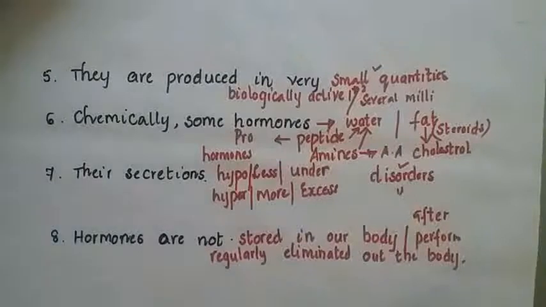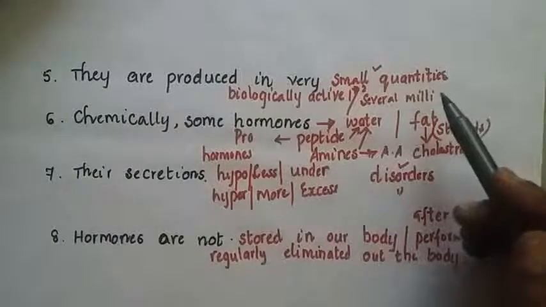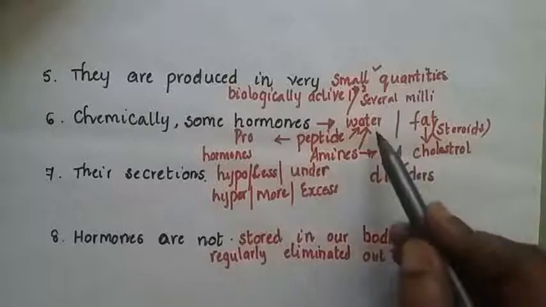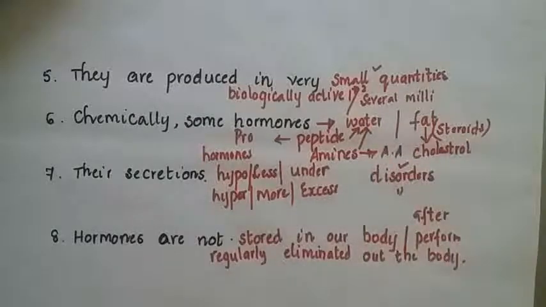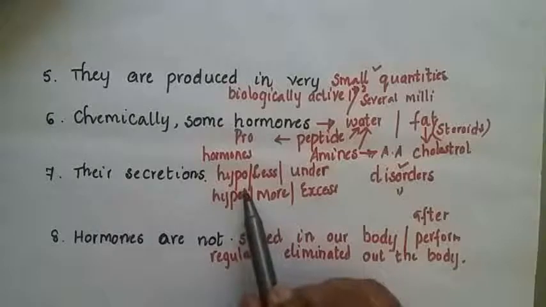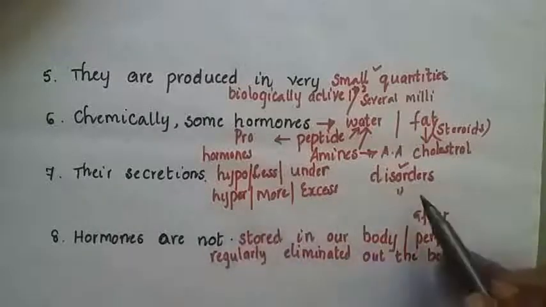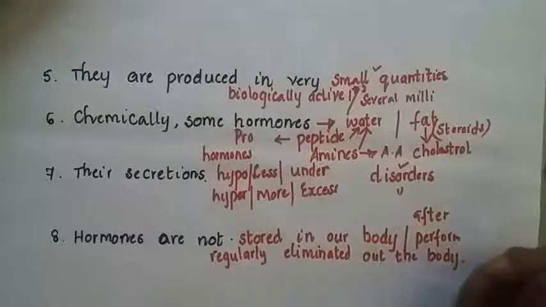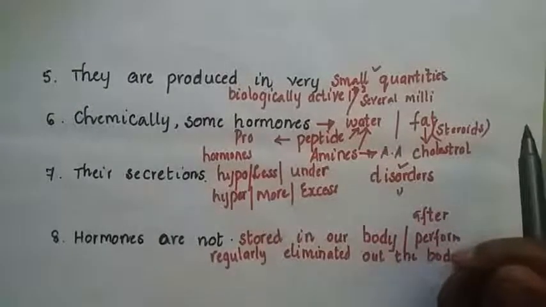They are produced in small quantities, though they are biologically very active, and chemically they are made up of peptides, amines or steroids. Some are water soluble, others are fat soluble. Their hyposecretion or hypersecretion leads to a lot of consequences or disorders, and hormones cannot be stored in our body. They have to be frequently eliminated out of the body, children.